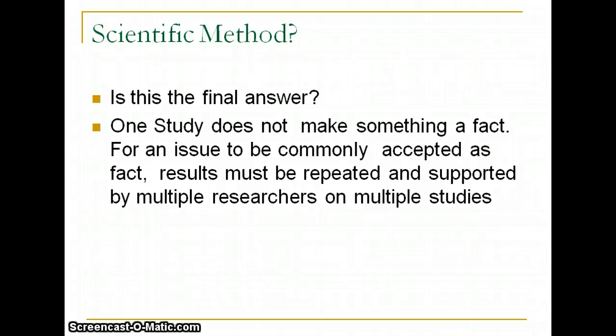For an issue to be commonly accepted as fact among professionals, results have to be repeated and supported by researchers in multiple studies. They have to. So if I find something in my lab, somebody else has to find something in their lab as well, or else you have to view it again with a little bit of skepticism. This is very, very important: one study does not make something an absolute fact.